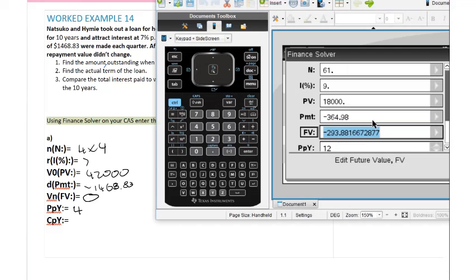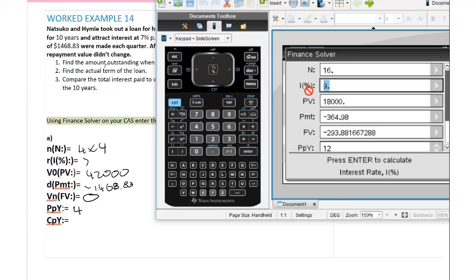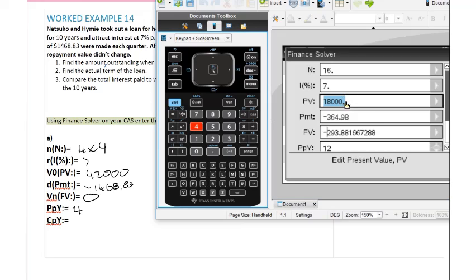So if we go to the calculator and we put in 16, because that's what 4 times 4 is, we've got 7% there. This is going to be 42,000.